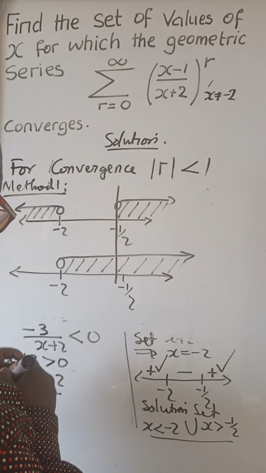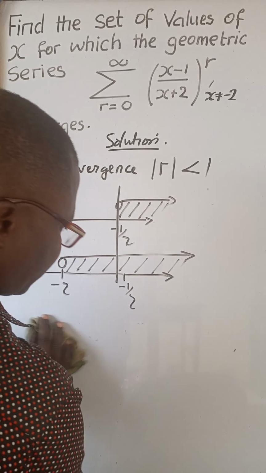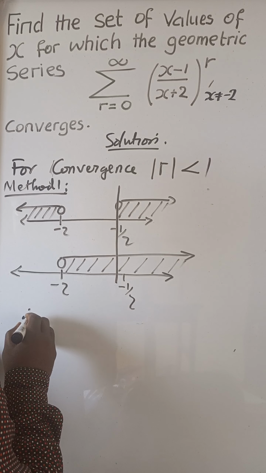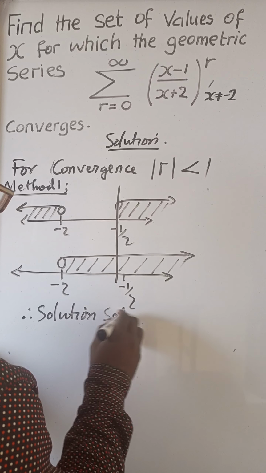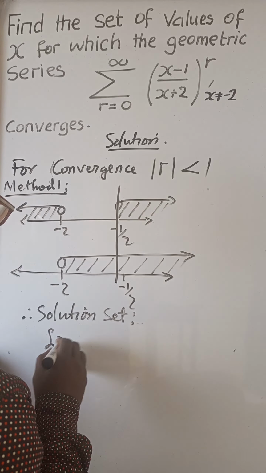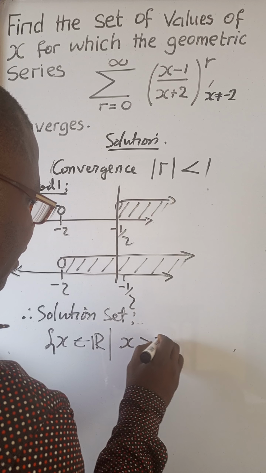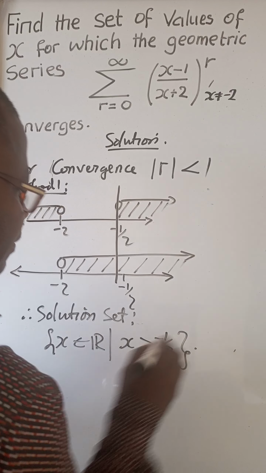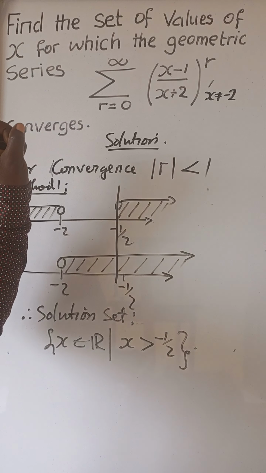And so we say that our solution set will be all real values of x such that x is greater than negative half. Again, this is the solution that we had with method 1.